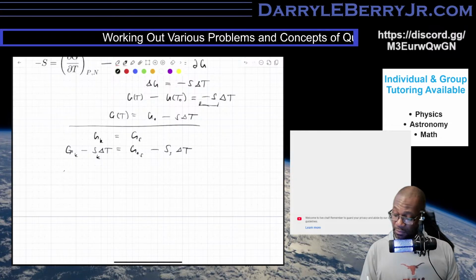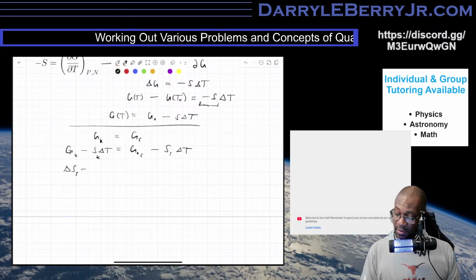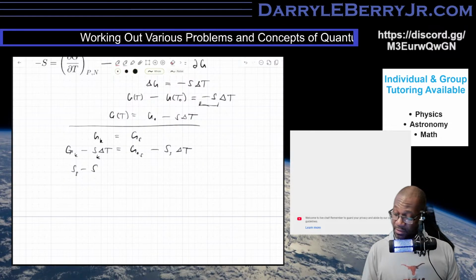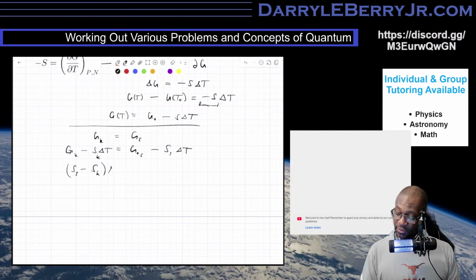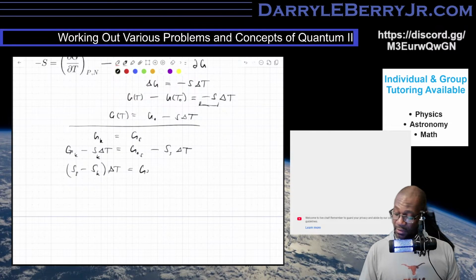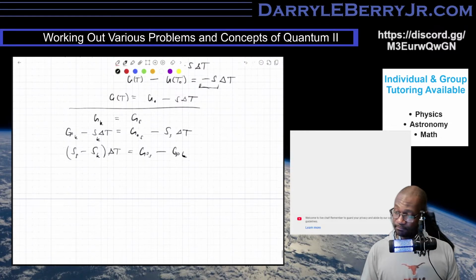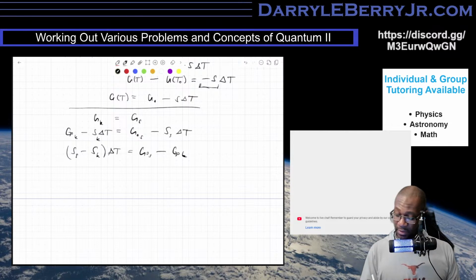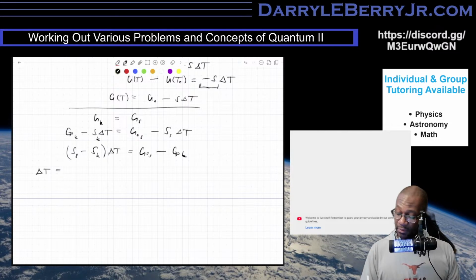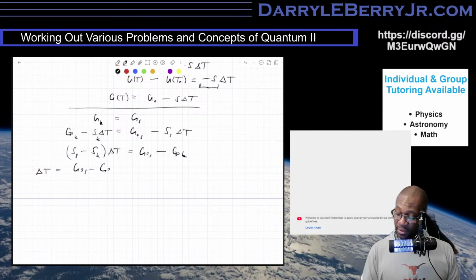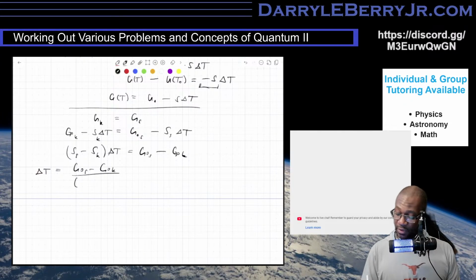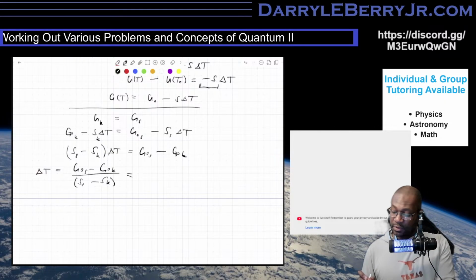So change in S minus, let's just say SS minus SK change in T equals G naught S minus G naught K. And we can say change in T equals G naught S minus G naught K over SS minus SK, right?